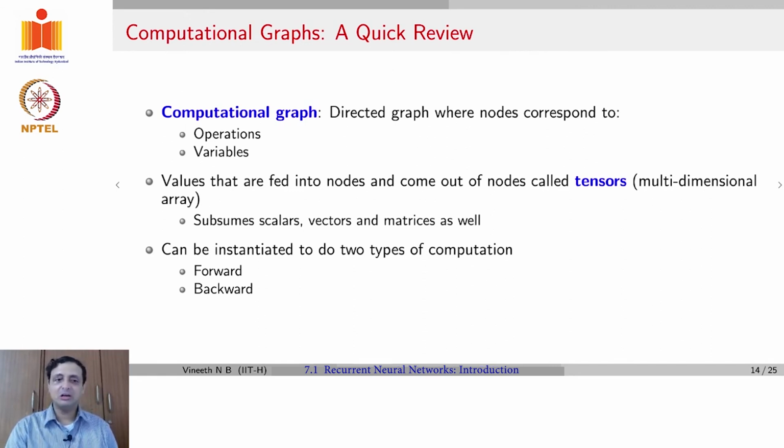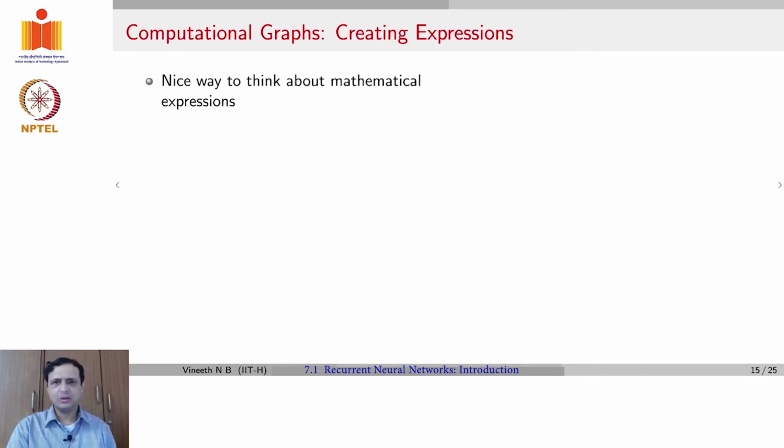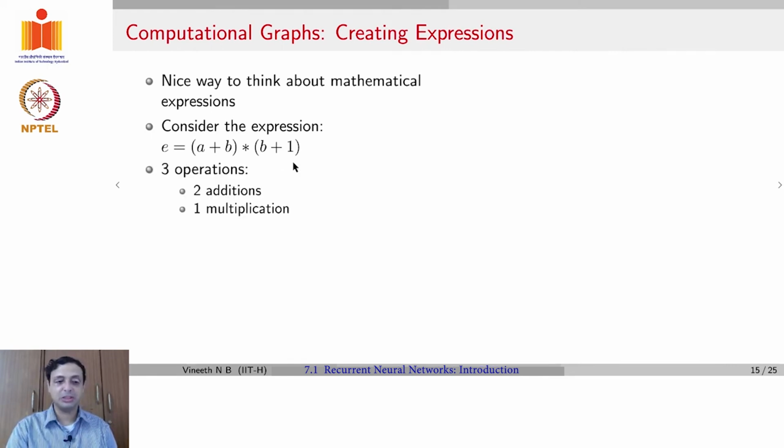And as I just mentioned, the computational graph can be instantiated to do both a forward pass through a neural network as well as a backward pass through a neural network. Let's take a simple example before we talk about neural networks. Let's talk about how we can use computational graphs to create expressions and compute them. So if you had the expression E is equal to (A plus B) into (B plus 1), this is an arithmetic expression.